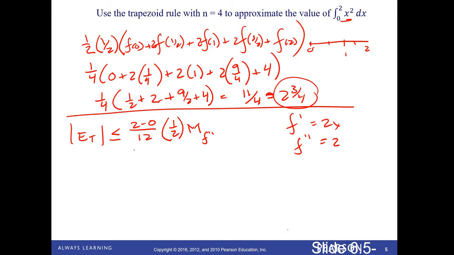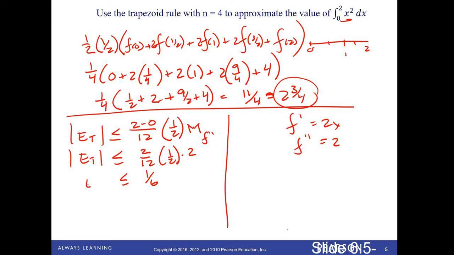So the maximum value of that is 2. Twelfths times 1/2 times 2. So my error is less than or equal to 1/6. So that's if I want an approximation. If I want to know how close this value of 2 3/4 is, I know that it is plus or minus 1/6 on either side.